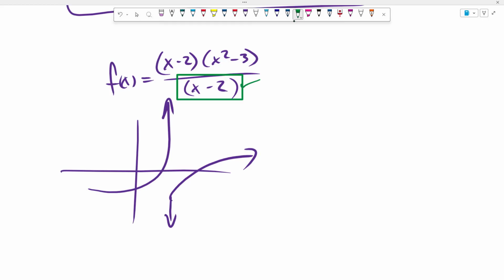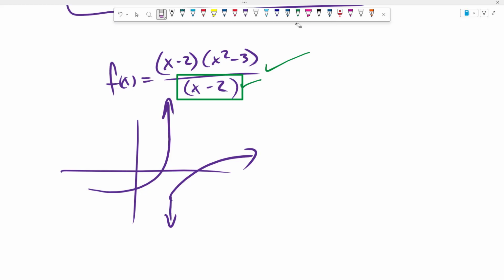Okay, so values that make the denominator 0 will either be a vertical asymptote or a hole in the graph. Thank you.